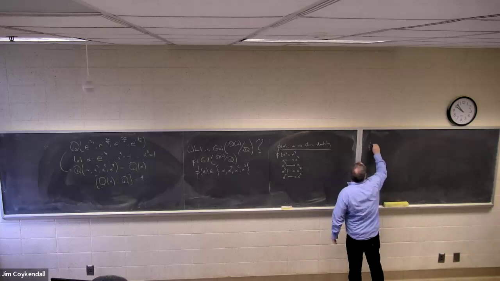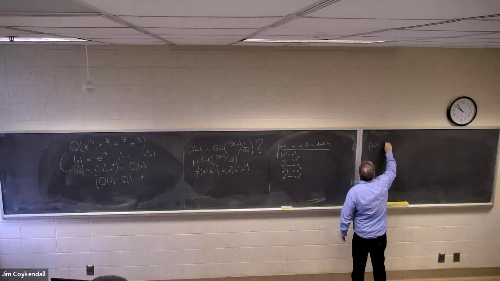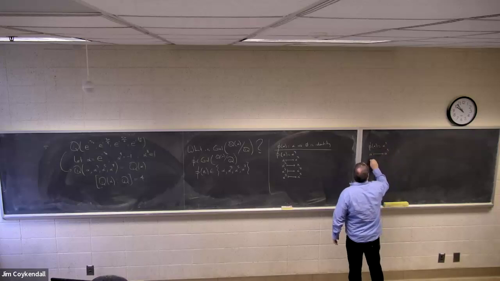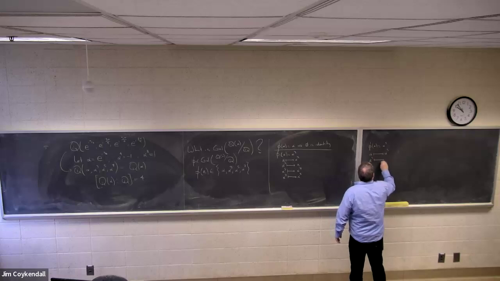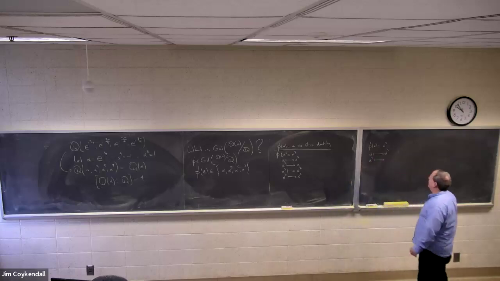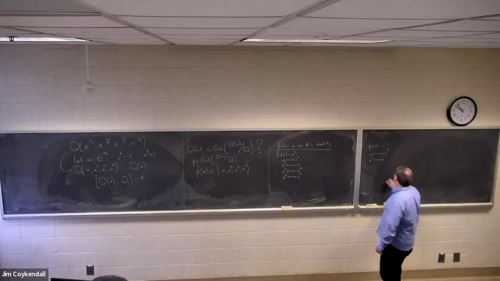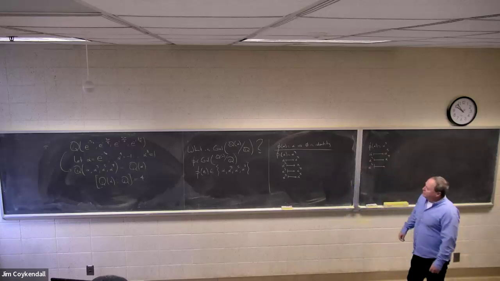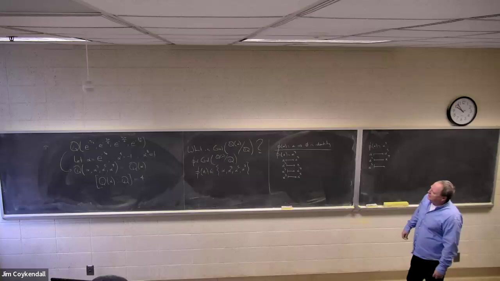What happens if phi of alpha is alpha 5? Alpha cubed now goes to alpha 15, which is alpha 7. Alpha 5 goes to alpha 5 squared, alpha 25, which is alpha.